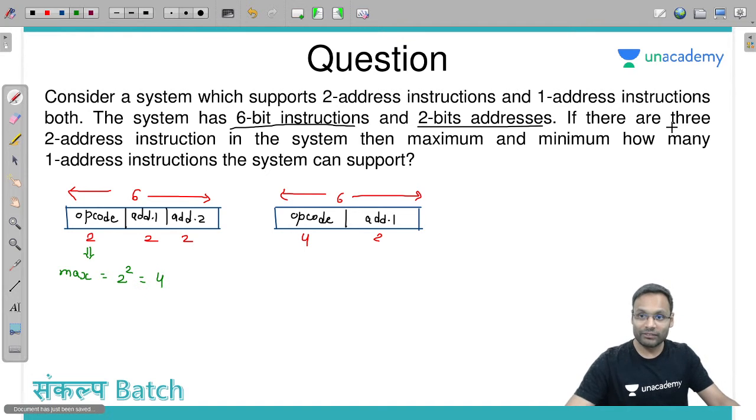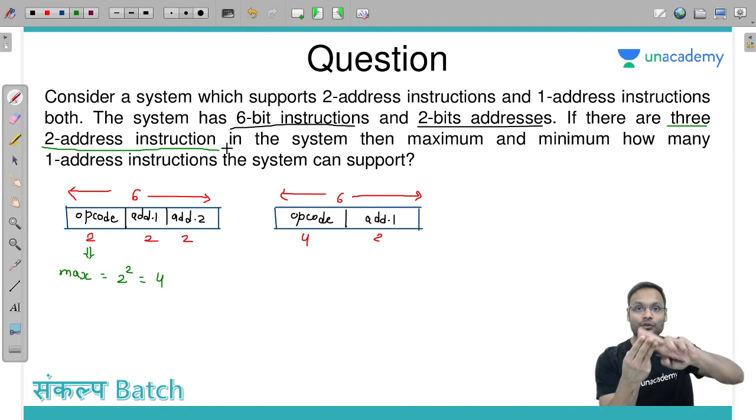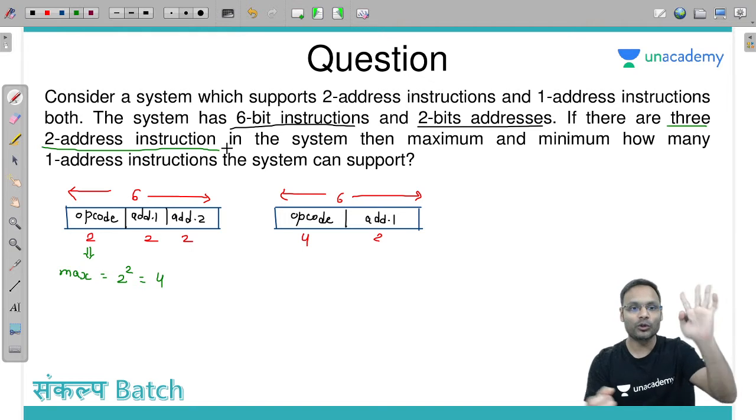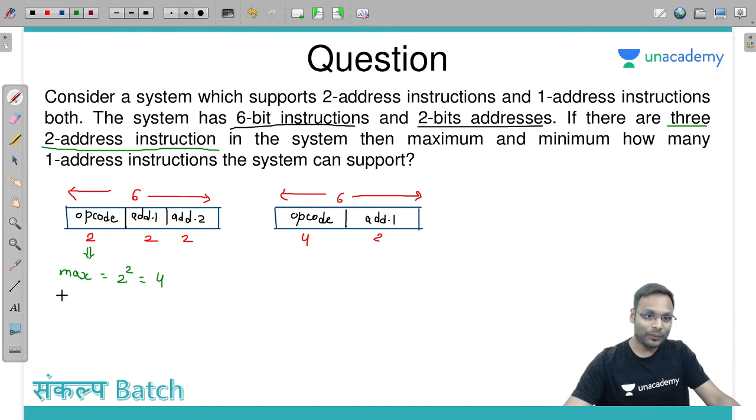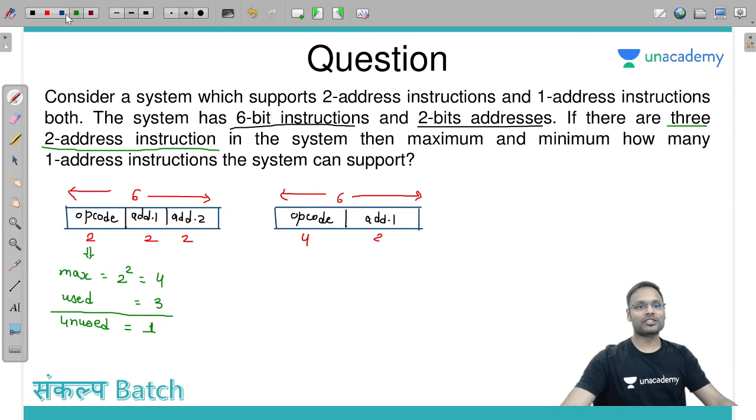Among those given in the question, there are 3 2 address instructions. 3 2 address instructions means 3 opcodes are used for 2 address instructions. So how many used opcodes? 3. How many unused opcodes then? 1. These unused opcodes we will use to get the next level instruction.